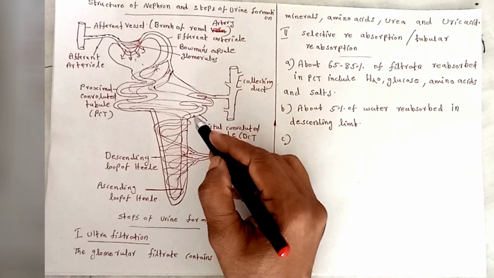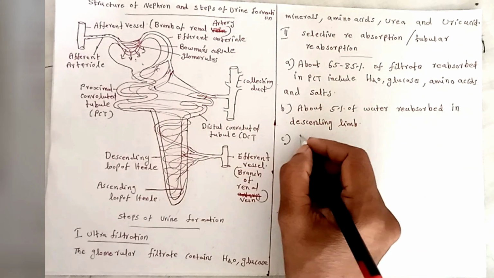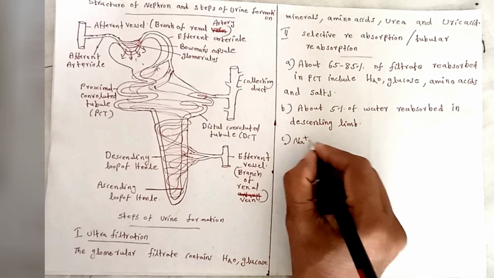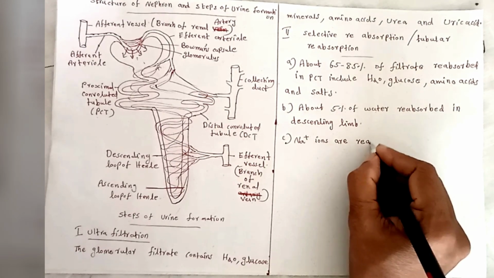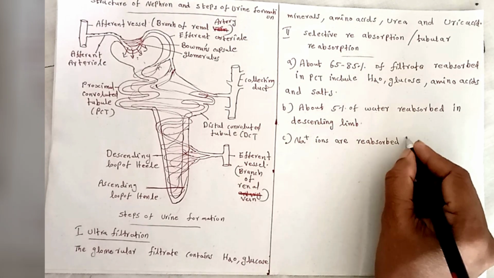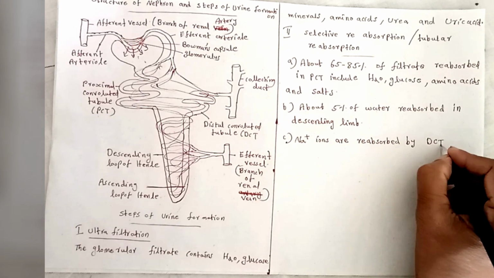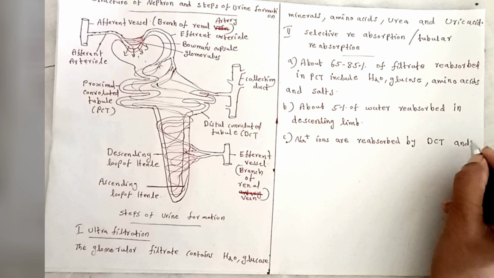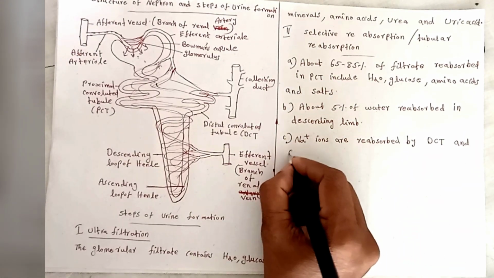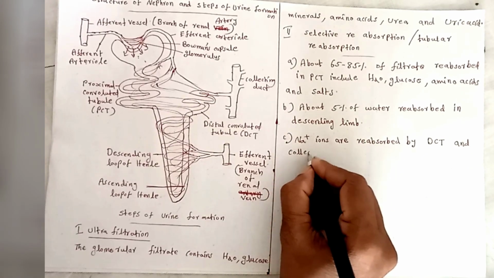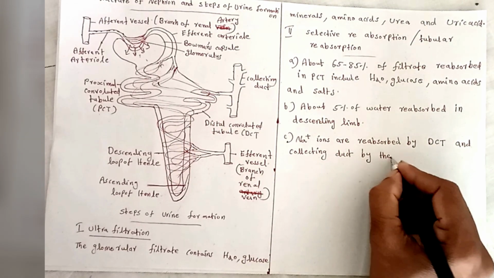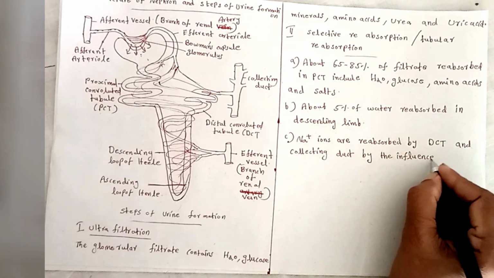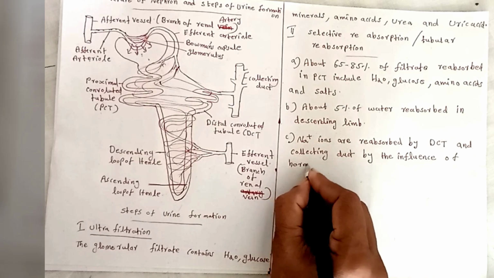Sodium ions are reabsorbed by the DCT, distal convoluted tubule, and collecting duct, by the influence of the hormone aldosterone.